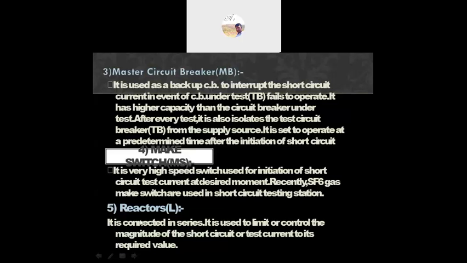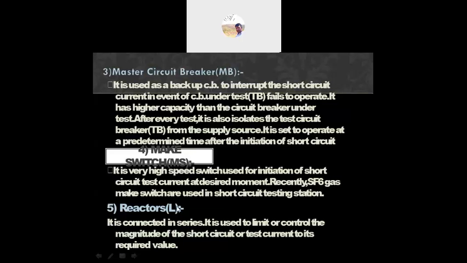Here, SF6 gas switches are used for the short circuit test. Mainly, testing of this type, the short circuit current control, is very easy on SF6 gas compared to the air blast and normal circuit breakers. Here, a reactor is connected in series with the line.